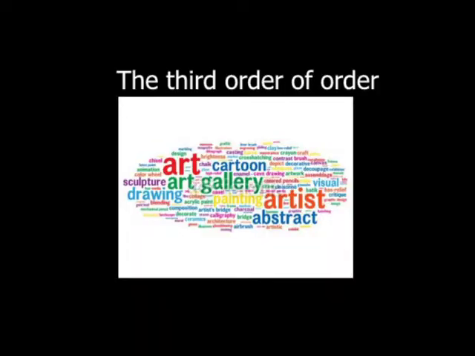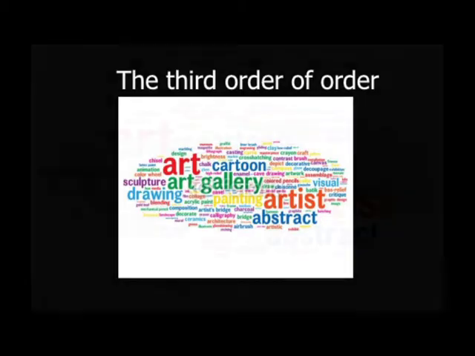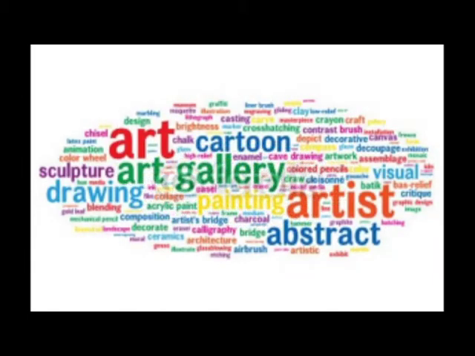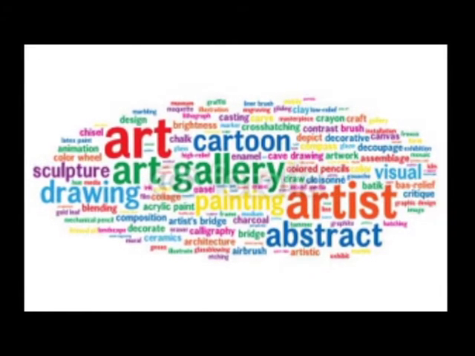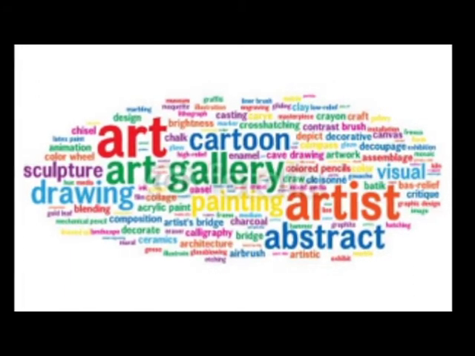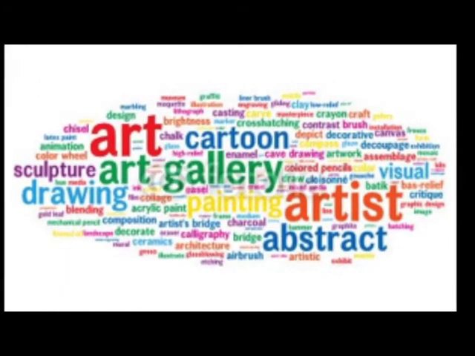So then we come to the third order of order, and this is sort of the stage that we're just moving into. In this order of order, information becomes not physical. It becomes digital, and it has no location anymore.